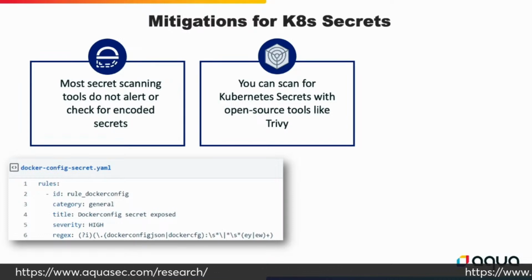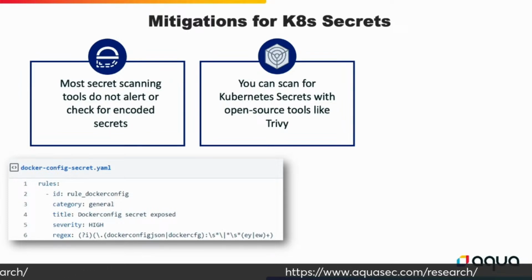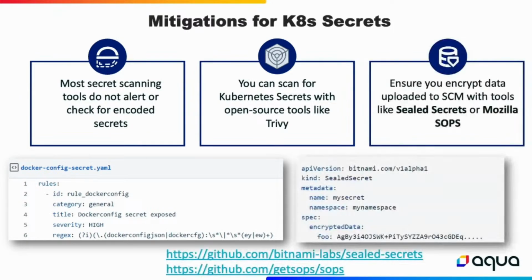Also, if you really want to keep your secrets in your codebase, you can consider using solutions like Sealed Secrets and Mozilla SOPS, which store your secrets in an encrypted format. This method ensures that secrets remain secure and only accessible to those with the decryption key you created.